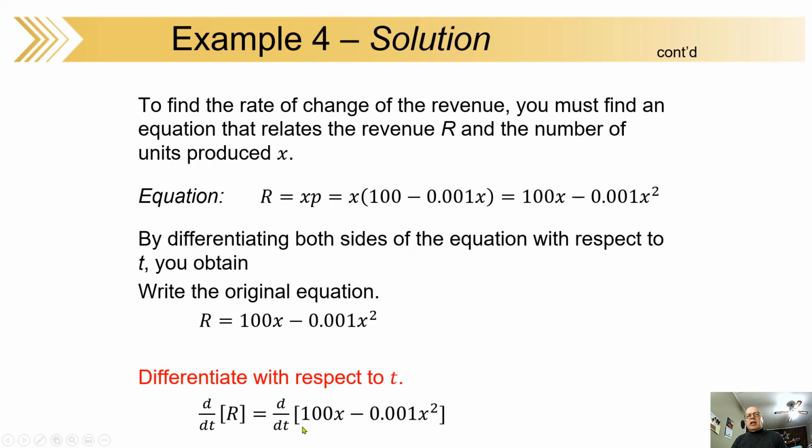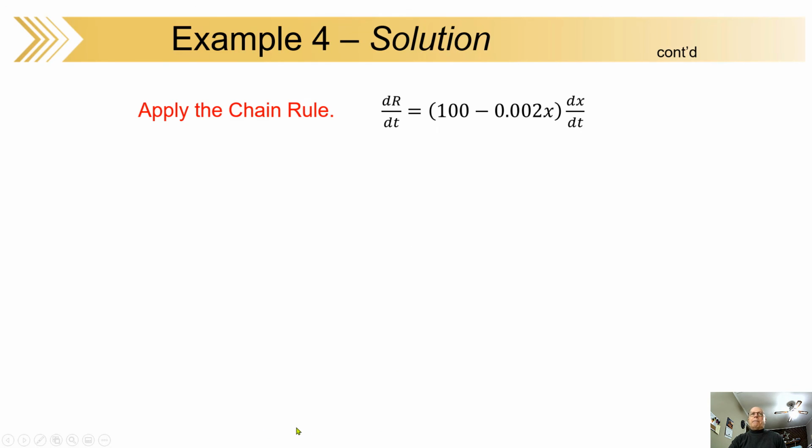You're going to differentiate that with respect to time, applying the chain rule. There's the derivative of R with respect to time. And on the right-hand side, you'll end up with 100 dx/dt and minus 0.002x dx/dt. It's already factored out.